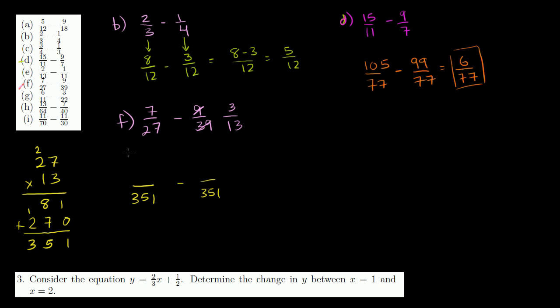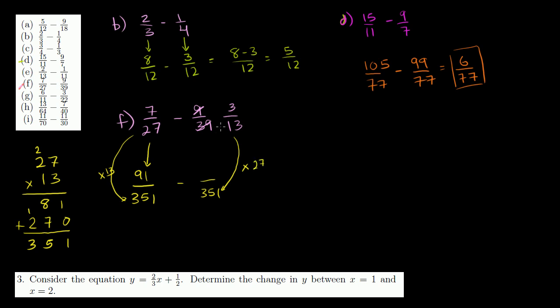So 351 minus something over 351. To go from 27 to 351, we have to multiply by 13. So to go from 7 to whatever numerator here, we have to multiply by 13. 7 times 13 is 70 plus 21 is 91. This is 91 over 351. And to go from this 13 to 351, we have to multiply by 27.